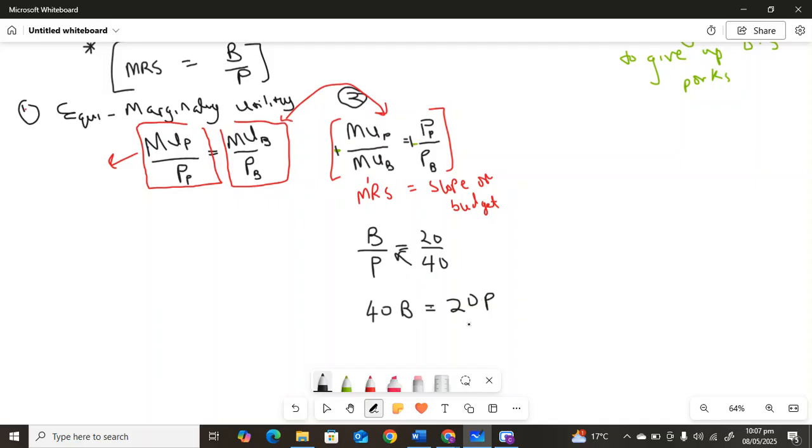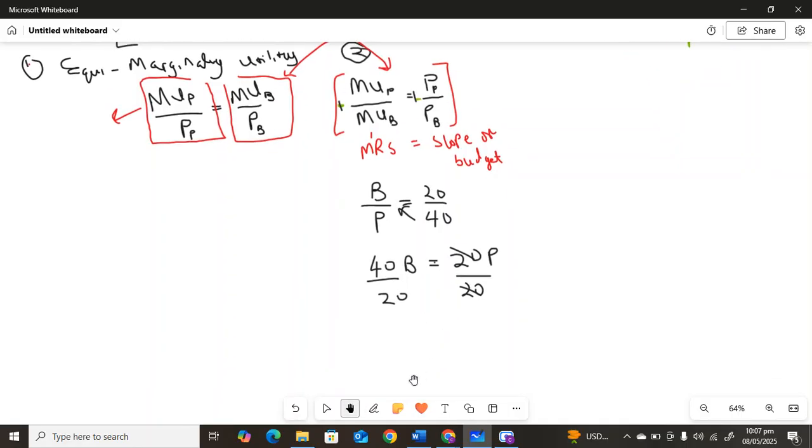So we can find the value of P, divide both sides by 20. 40 divided by 20, that is 2. So P equals 2B.